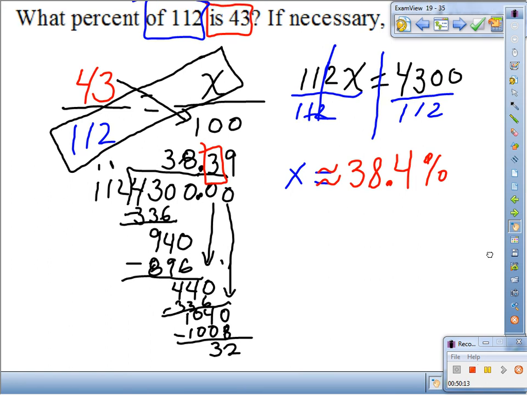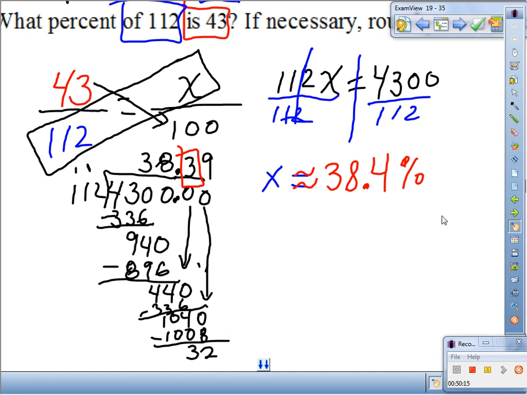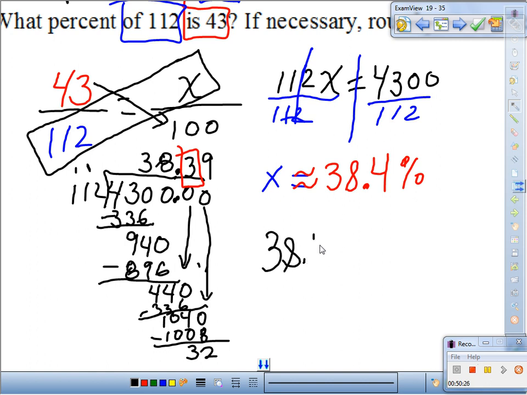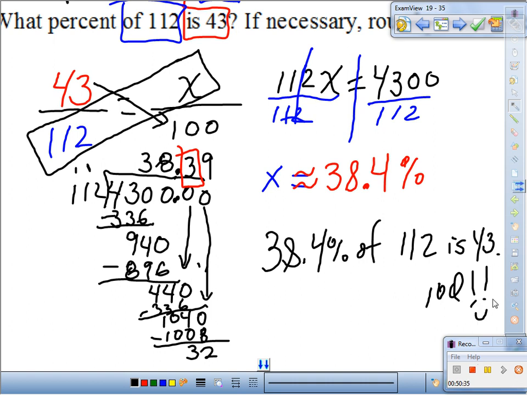It reads, what percent of 112 is 43? Let's see. 38.4% of 112 is 43.